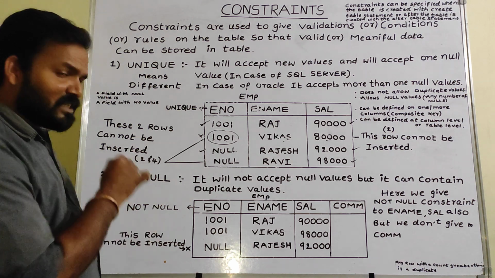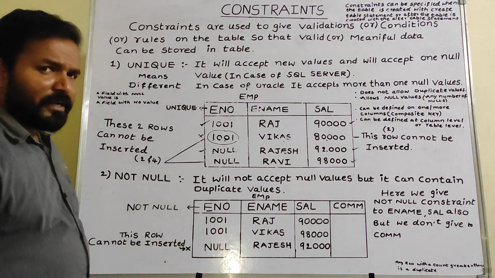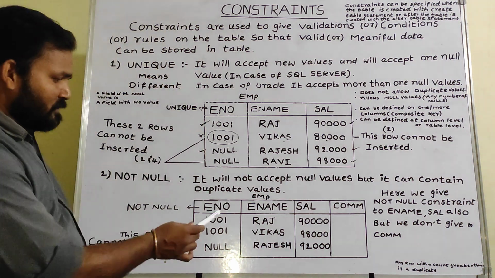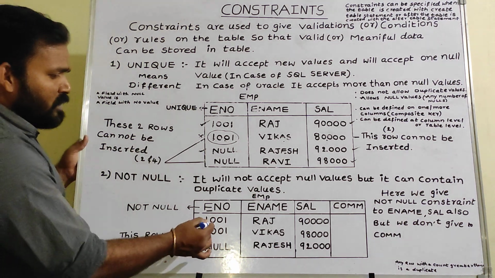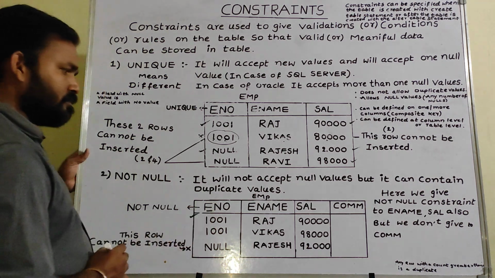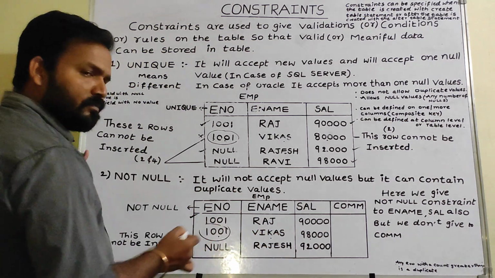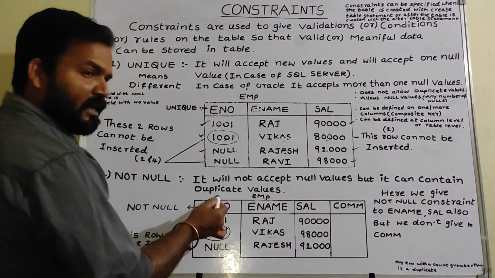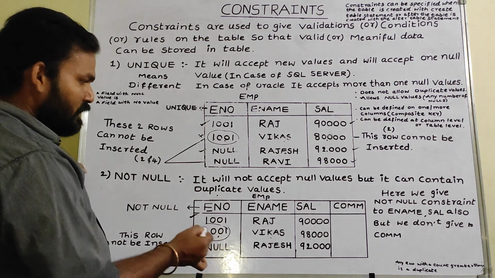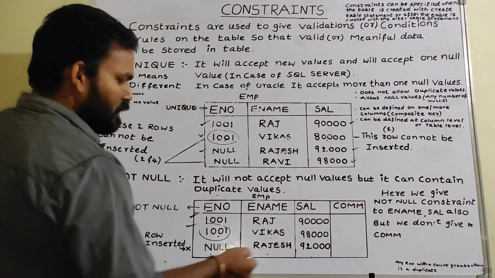Here 1001, Raj, 90,000 is accepted. Next, 1001, Because, 90,000 is a duplicate value, but a not null constraint can contain duplicate values, so it is accepted.